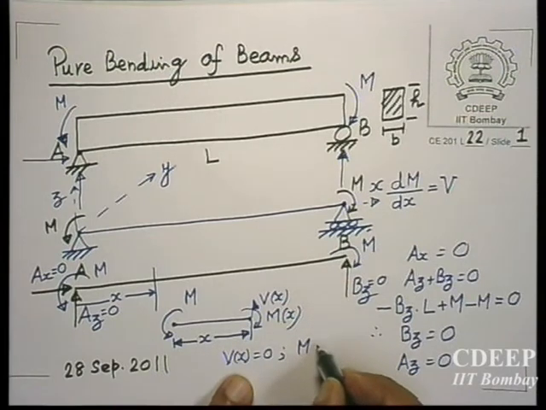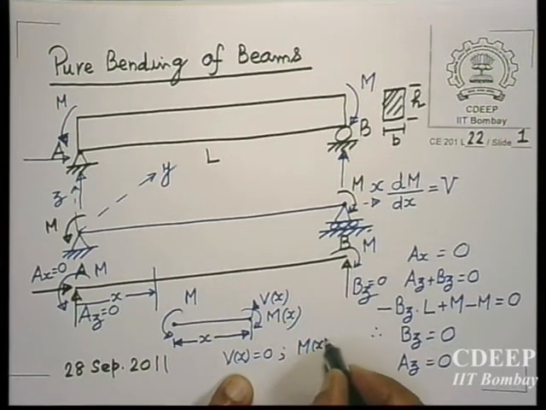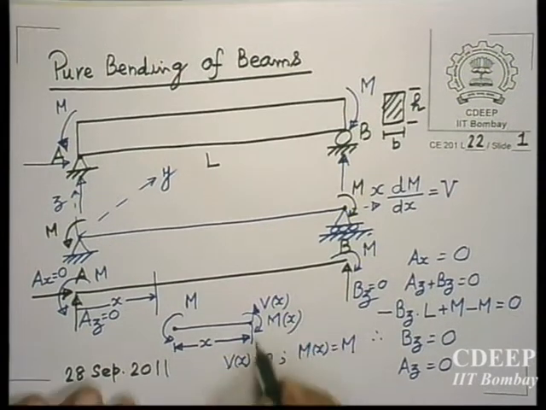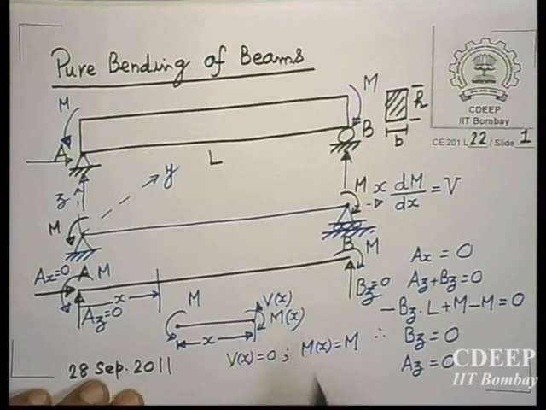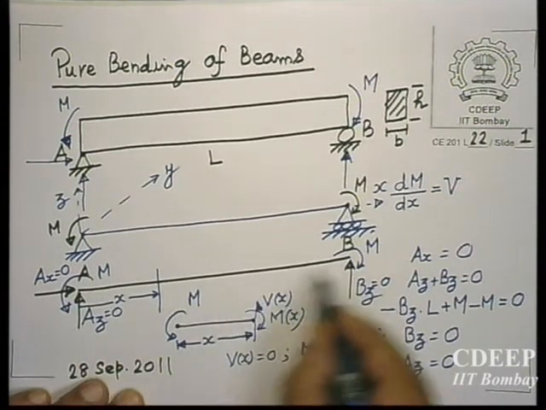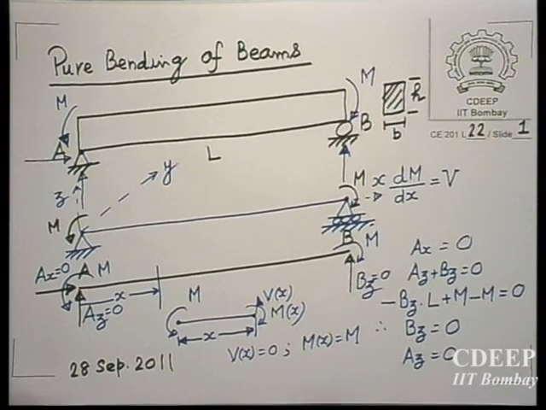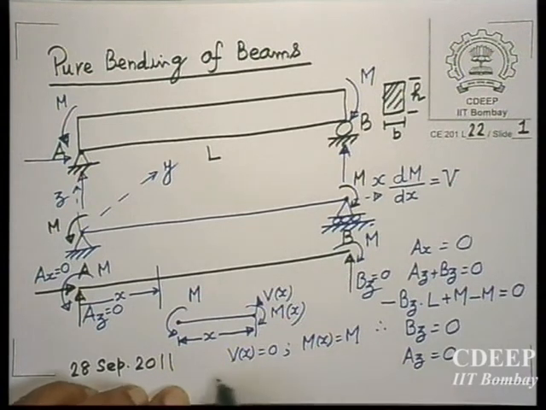So Mx equal to M. That means at any cross section x you are having the moment M. So throughout the beam, this beam is subjected to pure moment. So that means there is pure bending.